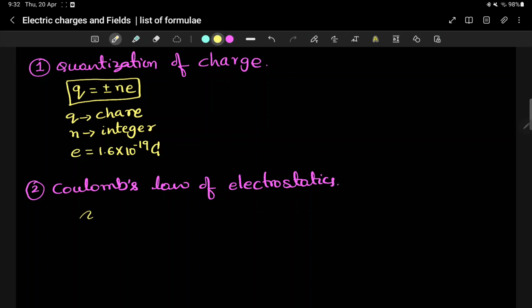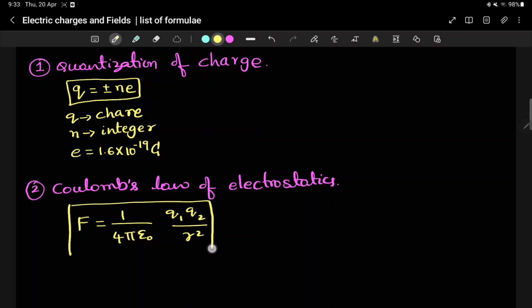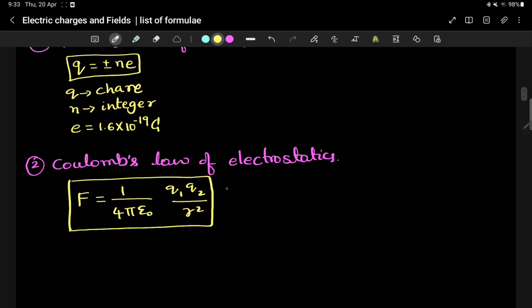In this we have the electrostatic force of attraction or repulsion between any two charges is directly proportional to the product of the charges and inversely proportional to the square of the distance between them, and it is given by 1 over 4 pi epsilon naught q1 q2 by r square. This is when we consider the charges in air or vacuum.